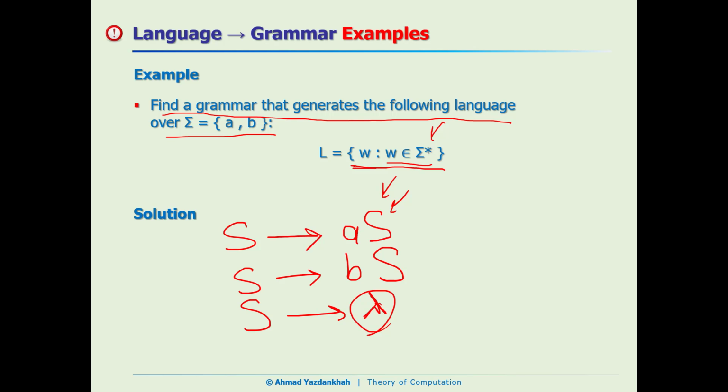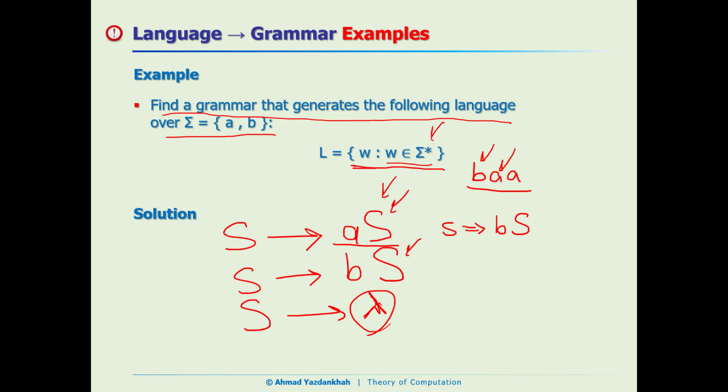All right. Look at this and see whether we can produce any number of a's or any number of b's or any combination of a's and b's. So I would say aS, bS, right? Okay, so let me see. If I want to produce, for example, this b a a. Since we are starting with b, I would go with this production rule and say, all right, S defined as bS.